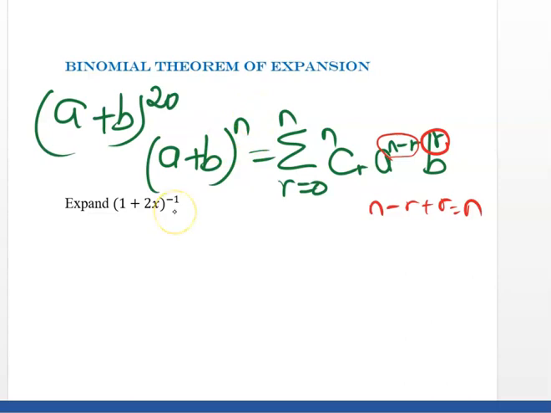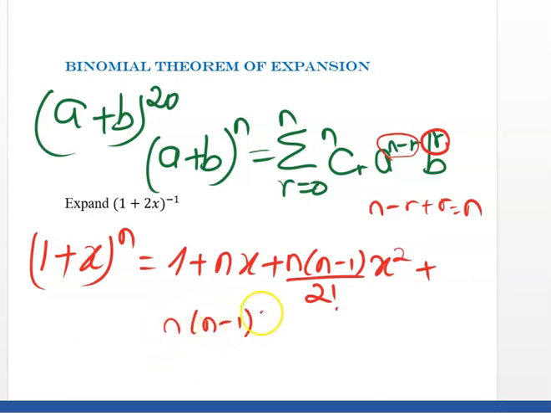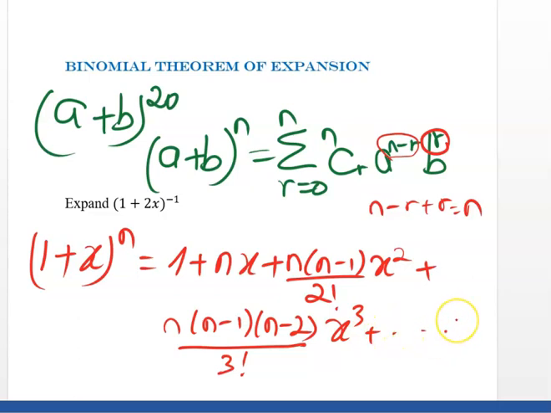So when the power n is negative, we use this expansion: (1 + x) to the power n is equal to 1 + nx + n(n minus 1) over 2 factorial, x squared, plus n(n minus 1)(n minus 2) over 3 factorial, x cubed, plus it continues.